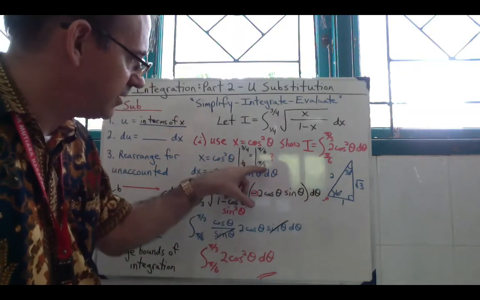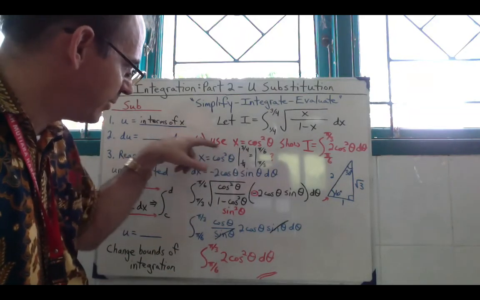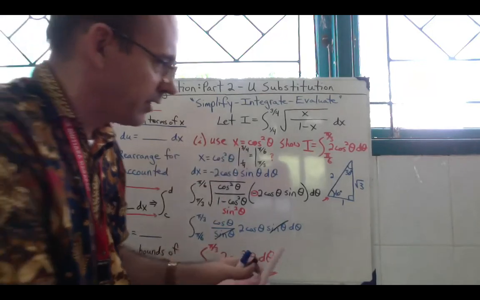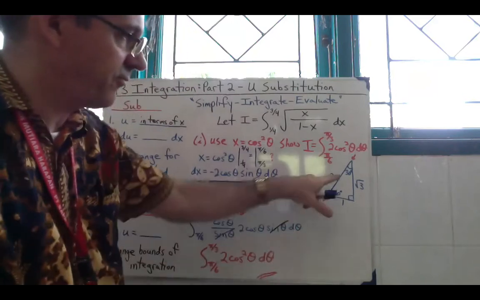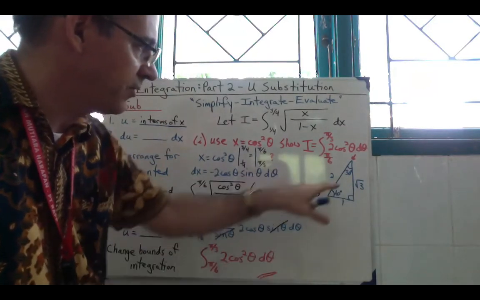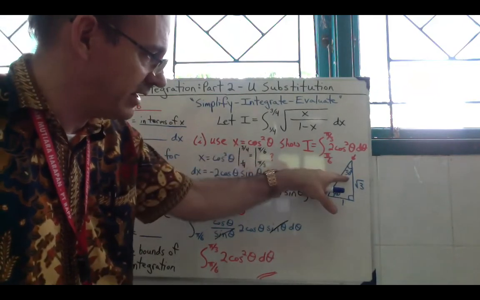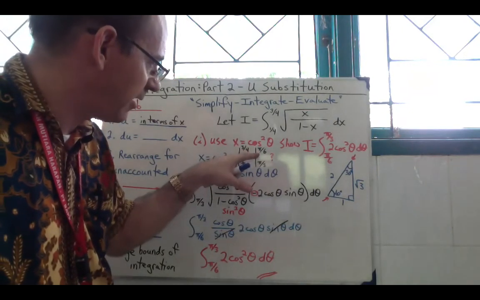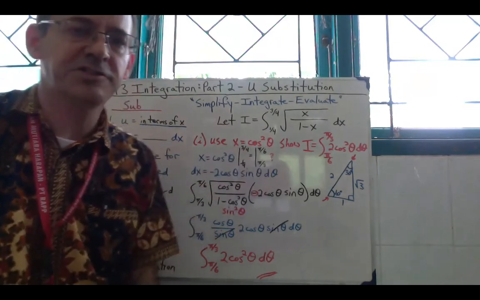So pi thirds is our value for that. When we plug in 3/4 and we square root that, we get root 3 over 2. So for a root 3 over 2, you're coming up from the 30 degrees, adjacent over hypotenuse. So it's 30 degrees, which is pi/6. 180 divided by 6 is 30. So our bounds of integration are pi/6 and pi/3. And notice I put a question mark.